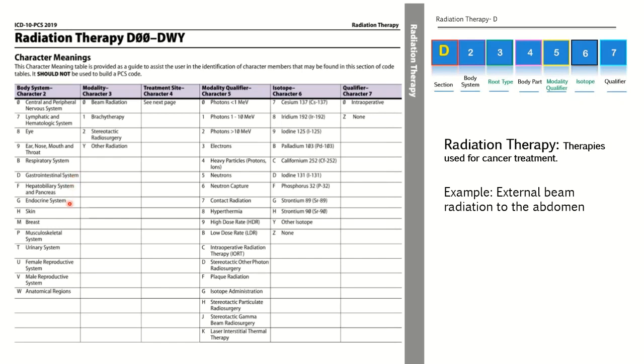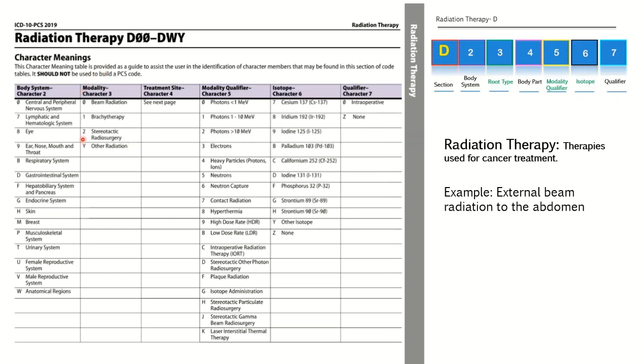You've got endocrine, skin, breast, musculoskeletal system, urinary, female reproductive system, male reproductive, anatomical regions, and then your modalities.